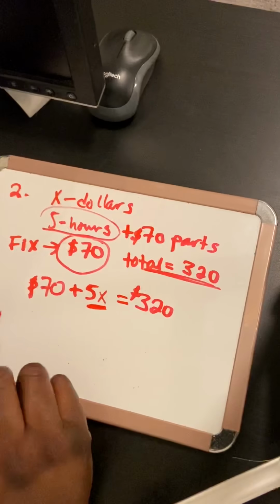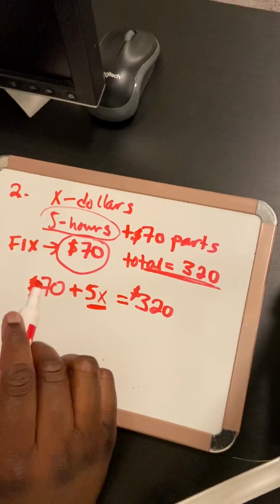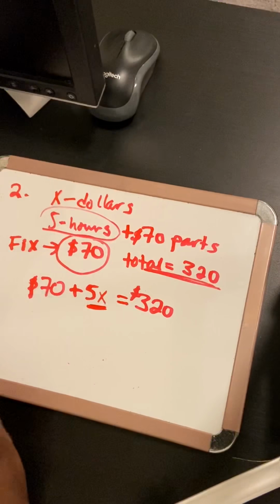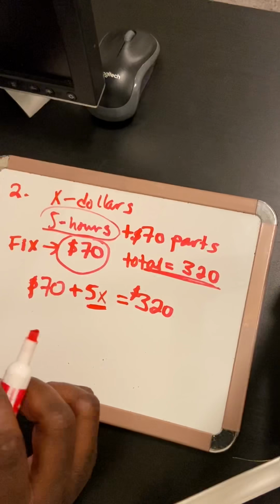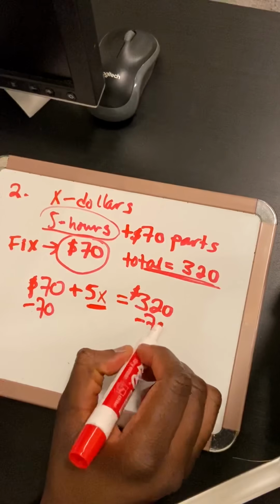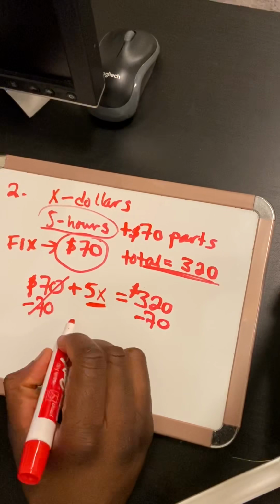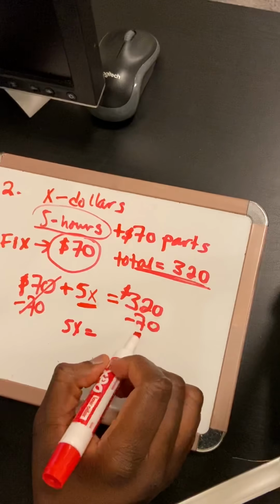We don't actually need to solve everything. This is the expression, so we're just going to modify it so it looks like what we have in the answer choices. We can subtract 70 on both sides. This cancels out, and we have 5x equals 320 minus 70.